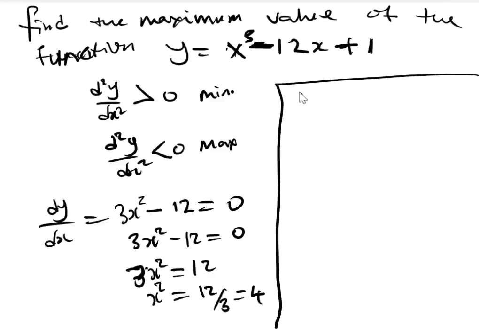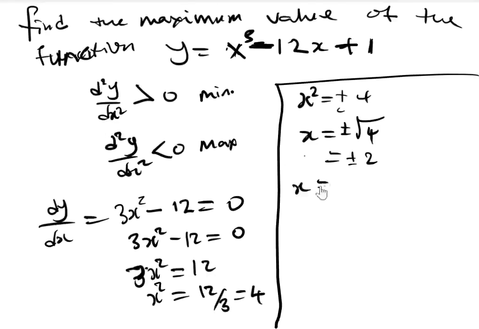Since we already have that x squared is equal to 4, then x is the square root of 4, and this will be equal to plus or minus 2. This implies that x can either take the value of plus 2 or minus 2.